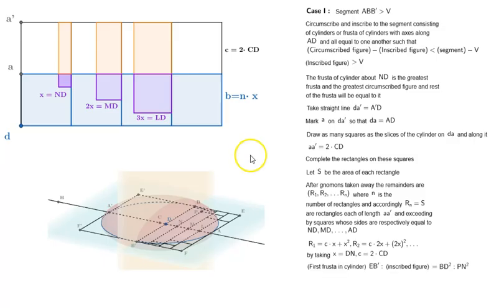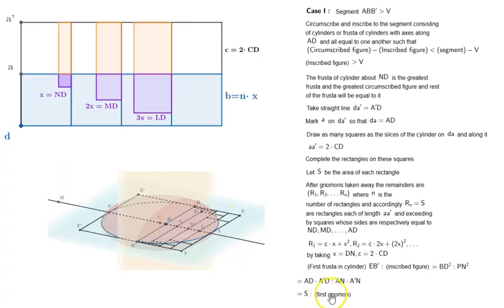So now, the first frustum in cylinder EB prime is to the inscribed figure. We know it is proportional to the squares on their radii. So BD square is to PN square is equal to AD times A prime D is to AN times A prime N. Again, from previous propositions, we are getting this.